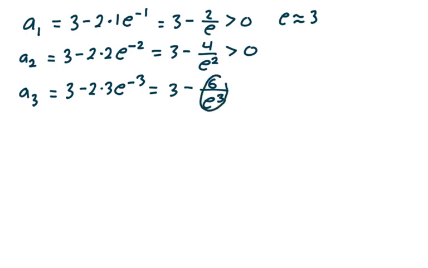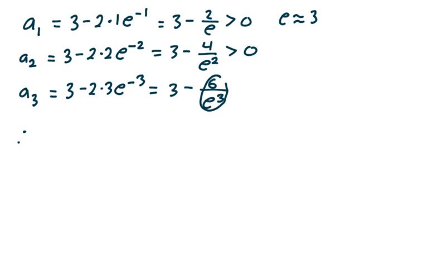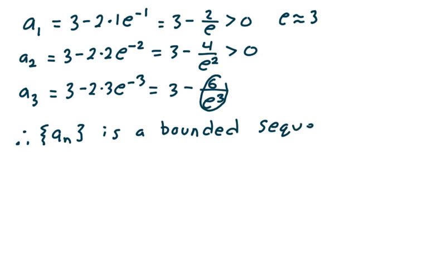So this can get no bigger than 4. So we'll go back here and say that this sequence is bounded above by 4. And so, therefore, we can say that this sequence, a sub n, is a bounded sequence. And by that theorem, we can say that this sequence a sub n converges.